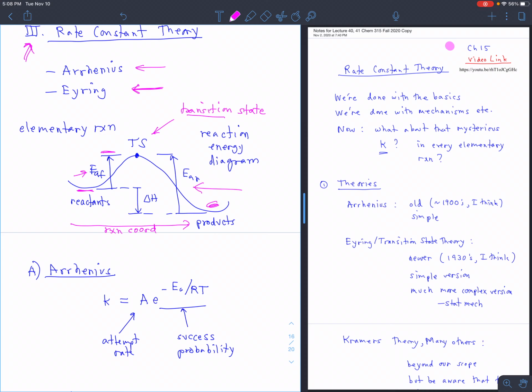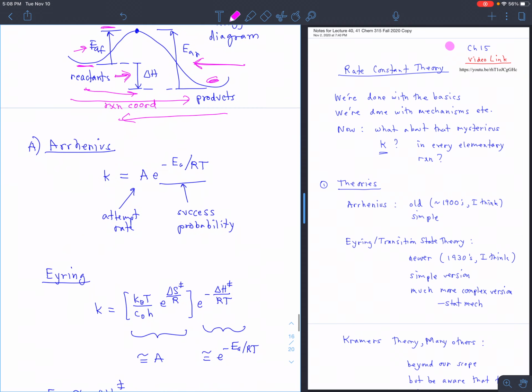We can start at products and go backwards, or we can start at reactants and go forwards, so there's a backwards activation energy as well. The difference between those two is the thermodynamic delta H, or something very close anyway. It depends exactly what you mean by this diagram, but it can be exactly the same thing as the thermodynamic delta H enthalpy change for the reaction. We'll take that to be the case in this class.